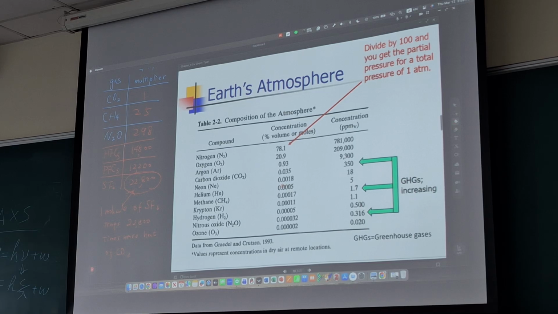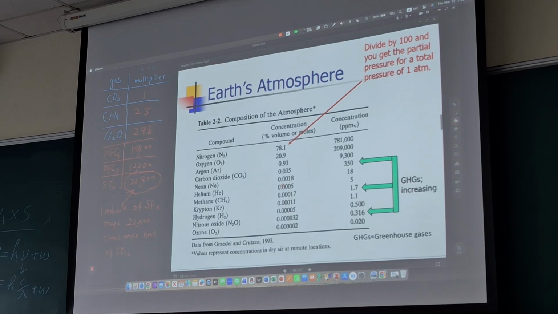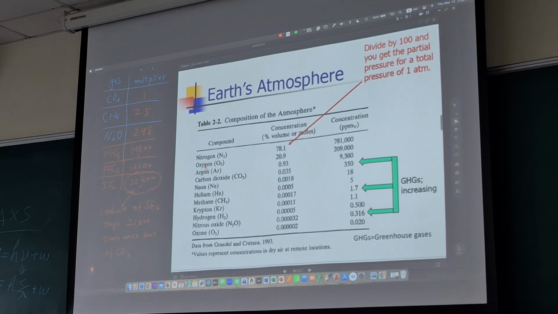Okay. So how about our Earth's atmosphere? In our Earth's atmosphere, we have like 78% of nitrogen, and around 21% of oxygen.